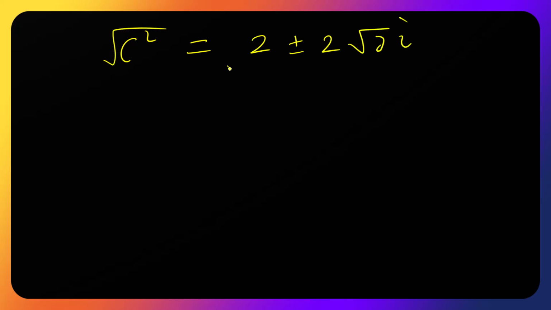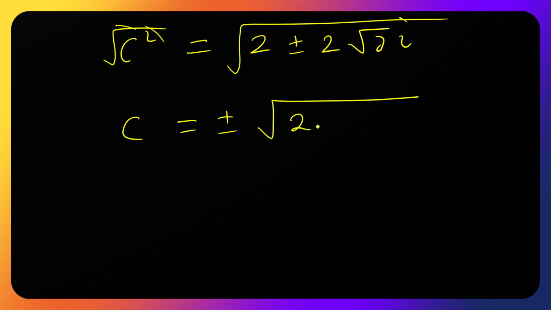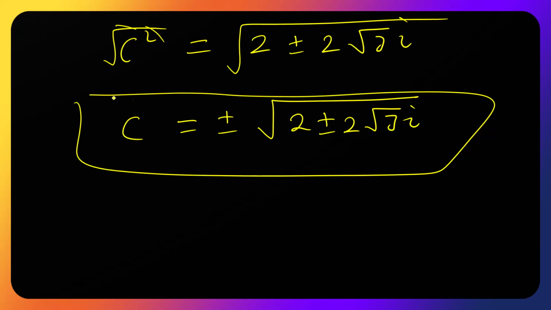So we take the square root. This side will go, and c will be plus or minus the square root of 2 plus or minus 2 root 3 i. So that's that.